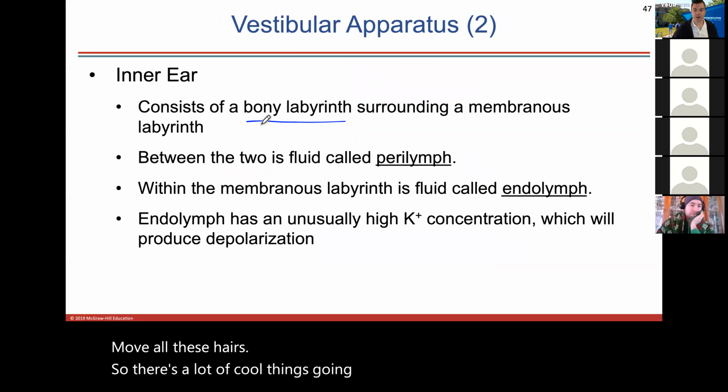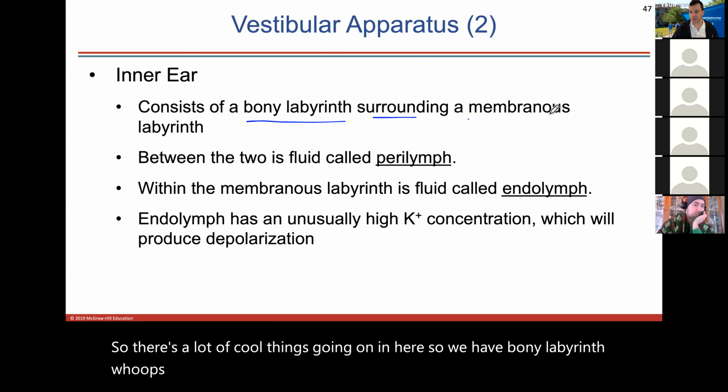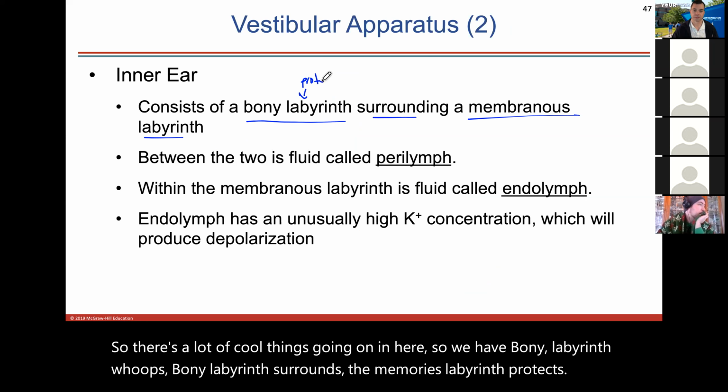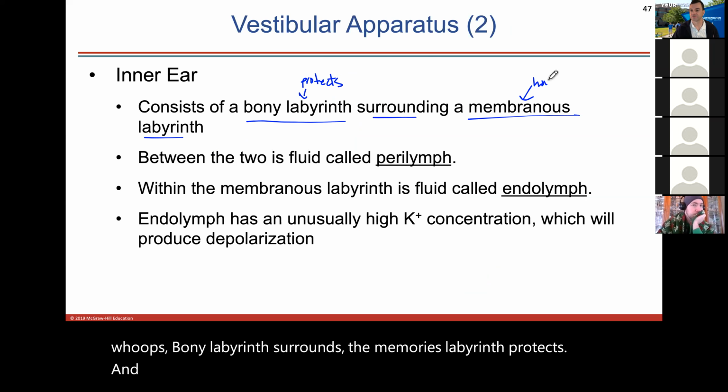So we have bony labyrinth. Bony labyrinth surrounds the membranous labyrinth. Okay, protects. And this houses the stuff. That membranous labyrinth houses all of our receptors.